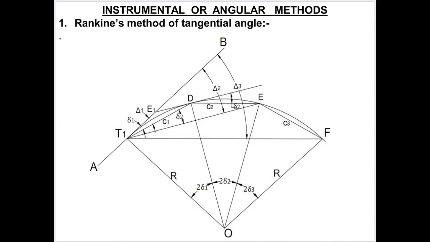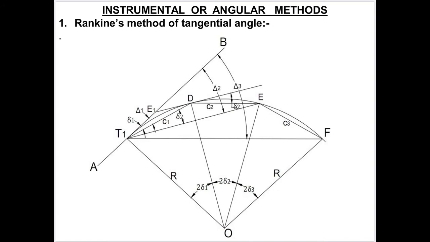Then D, E, F are the successive points on the curve. Delta 1, delta 2, delta 3 will be the tangential angles which each of the successive chords T1D, DE, and EF, etc. make with the respective tangent at T1, D, E, etc. Then triangle 1, triangle 2, triangle 3 are the total tangential or deflection angles.